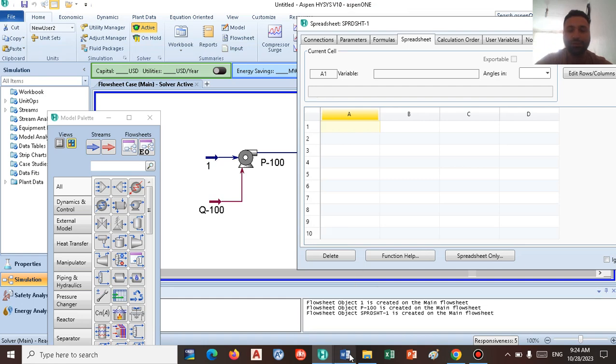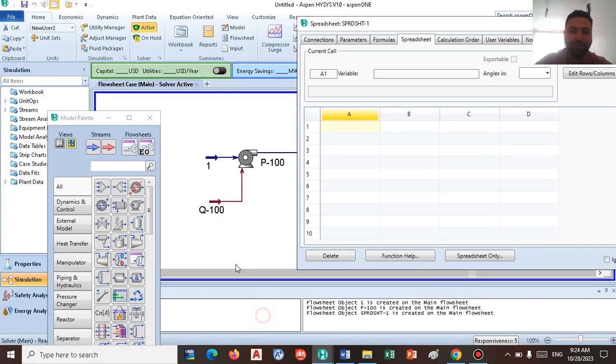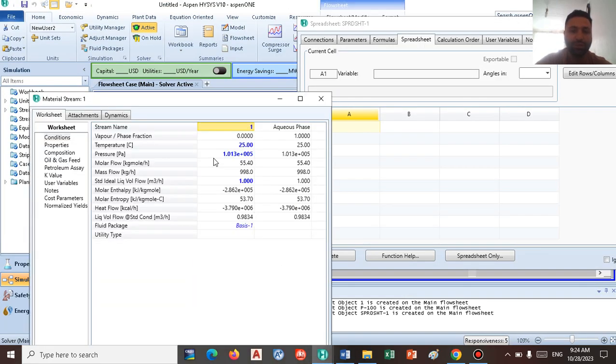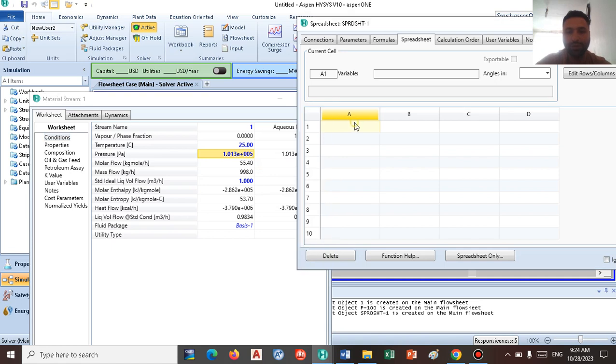As we know, the first term is the absolute pressure in the pump vessel. So I'm going to copy the pressure of the pump inlet to the spreadsheet, and the number is copied right here. Just make sure that the number you insert into the spreadsheet is in Pascal units.